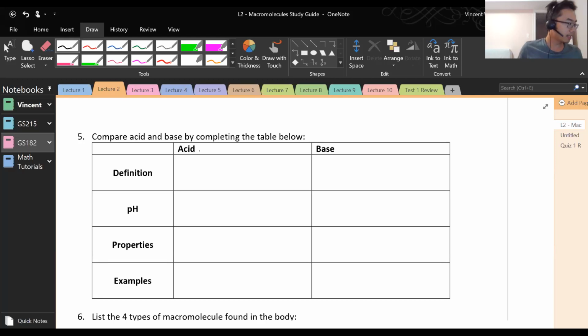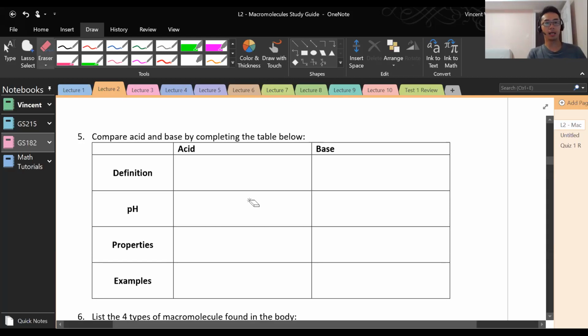All right. So where are we? Definition of acid. Okay. So what is an acid? Acid is a compound that produces H plus when dissolved in water.